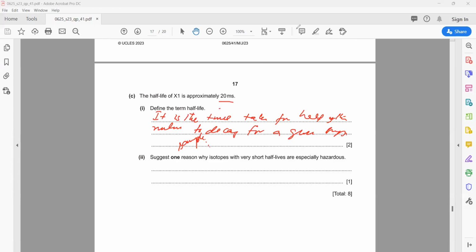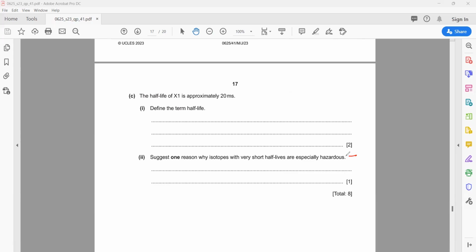Okay, last one. Suggest one reason why isotopes with short half-lives are especially hazardous. Why? Because they are dangerous. If half-life is less, it means the sample will decay very quickly.